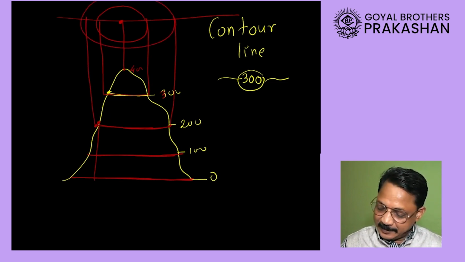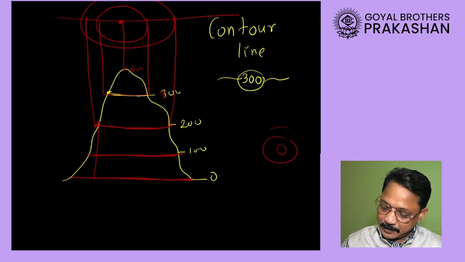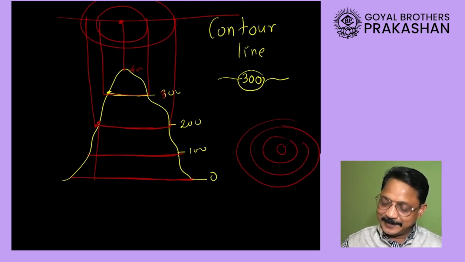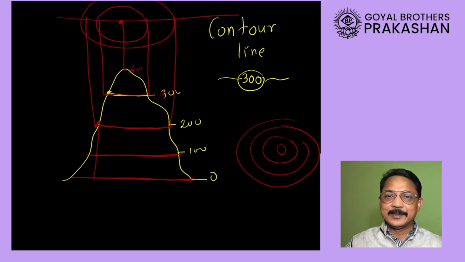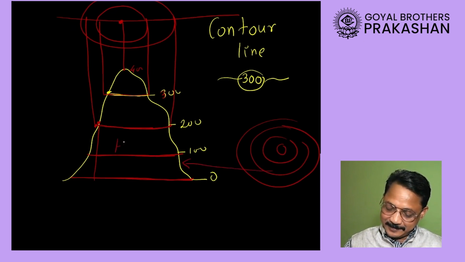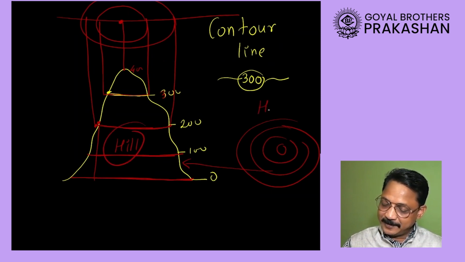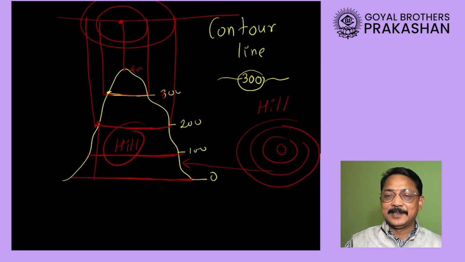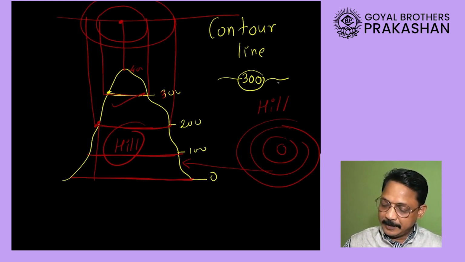So I start getting a circular structure like this. What does this circular structure indicate? That means there is a hill here. This is indicating a hill. And what is the shape of this hill, dear student? It looks like a cone. Therefore, we call it a conical hill.